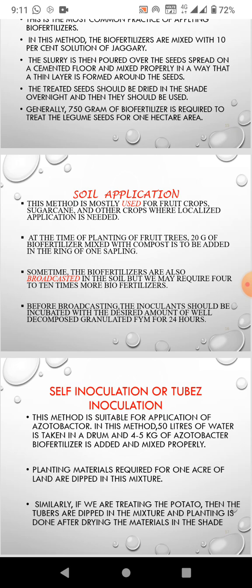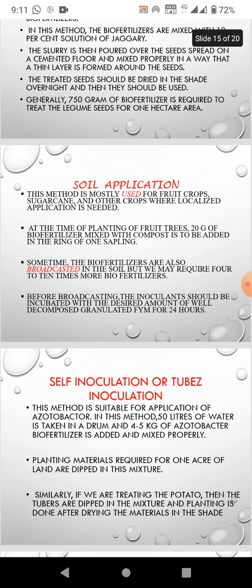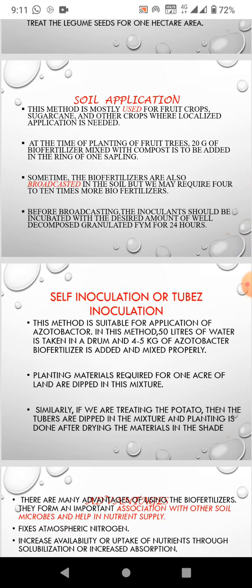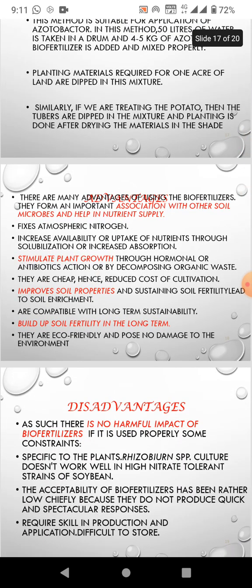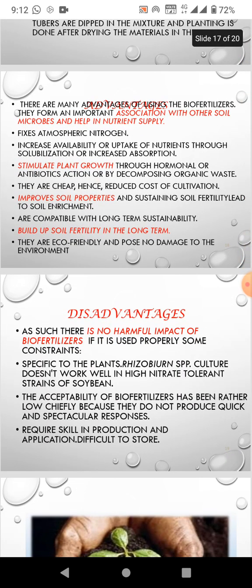Sometimes the biofertilizer is also broadcast in the soil, but we may require 4 to 10 times more biofertilizer. Before broadcasting, the inoculant should be incubated with the desired amount of well decomposed granulated FYM for 24 hours. Then self-inoculation or tube-based inoculation. And then, what are the disadvantages?